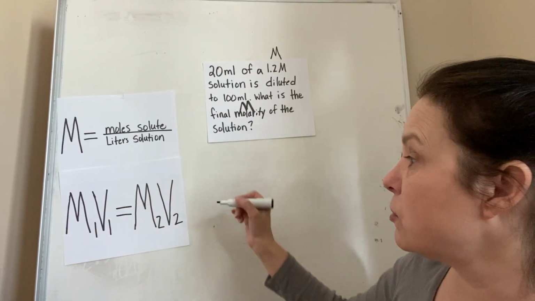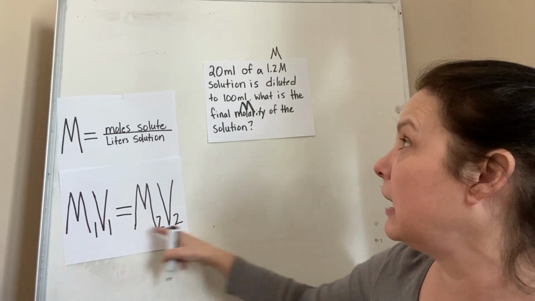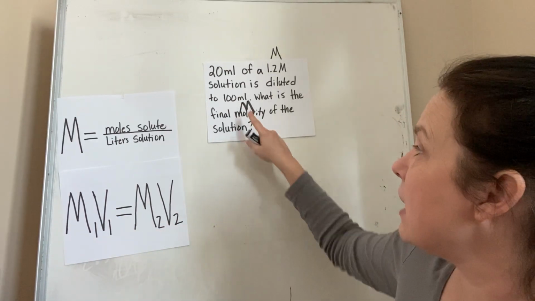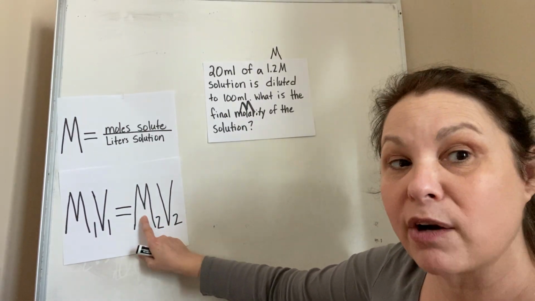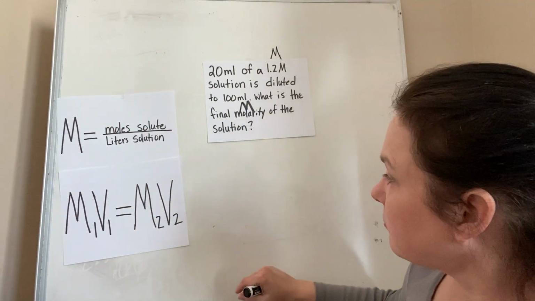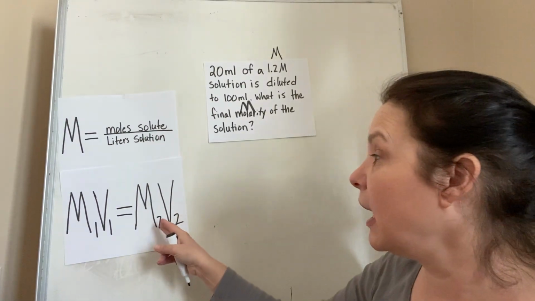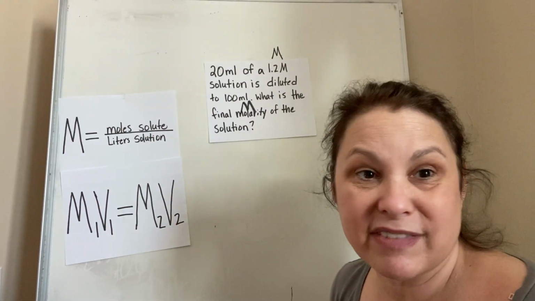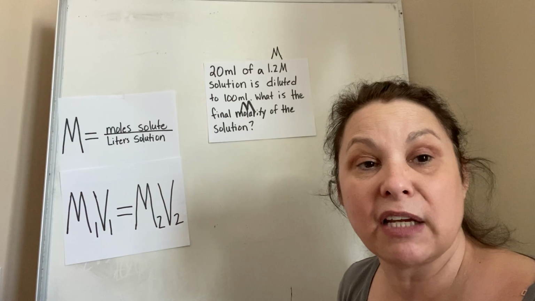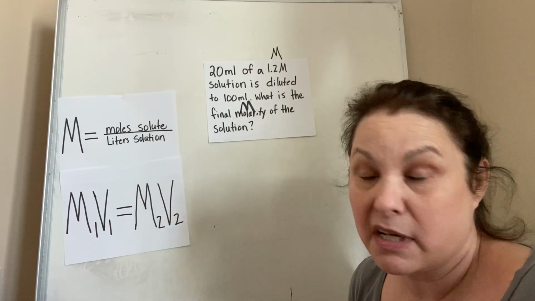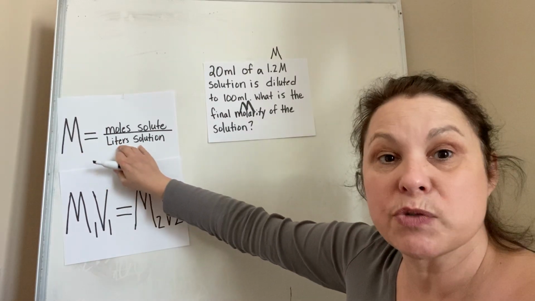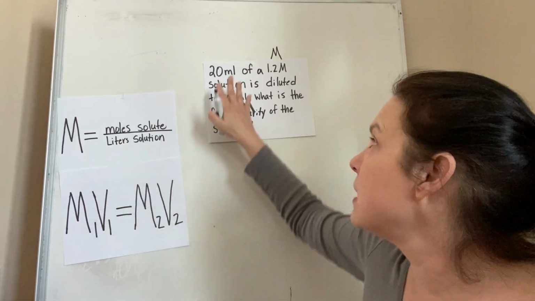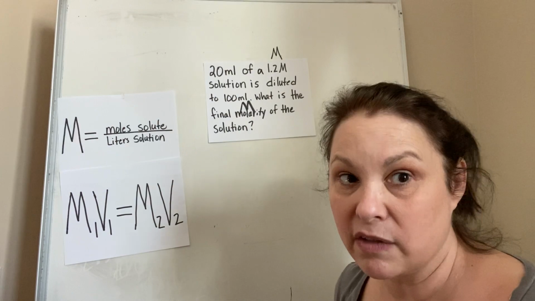So all I'm going to do is just plug this stuff in where it needs to go and know that what I'm solving for is the M2, which is the final molarity. The good news with this formula is you don't have to have liters. You can use whatever they give you as long as they're the same on both sides. So it's not picky like this one where it has to have liters.